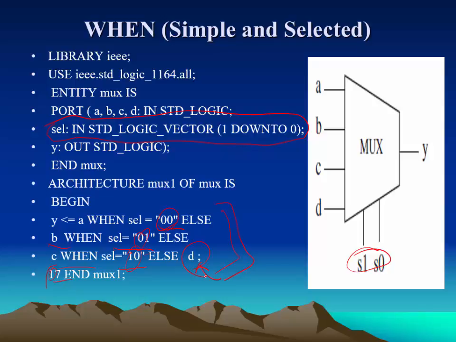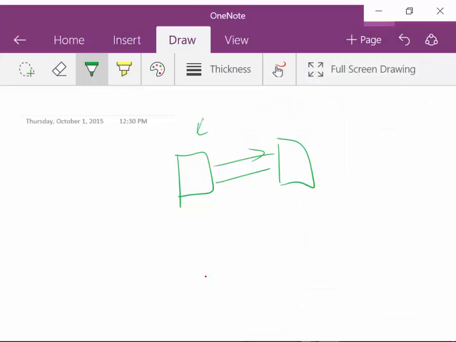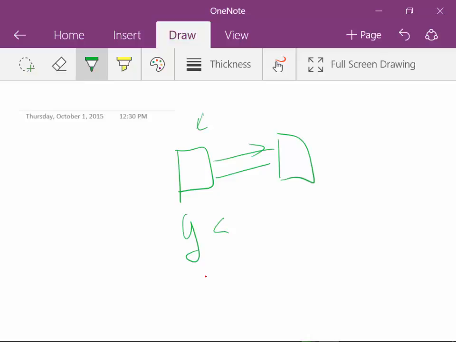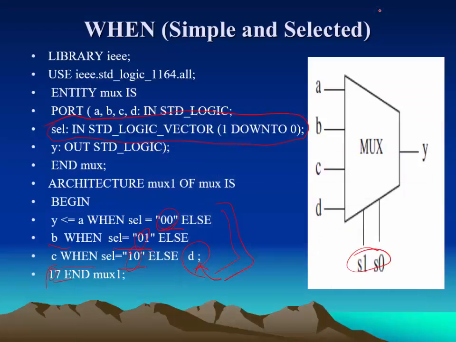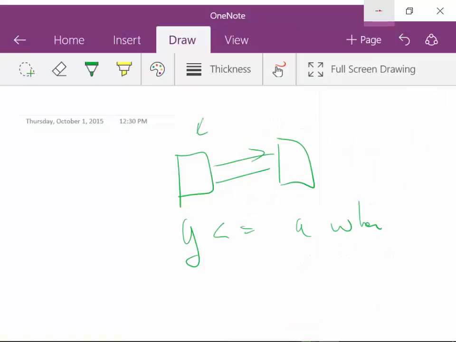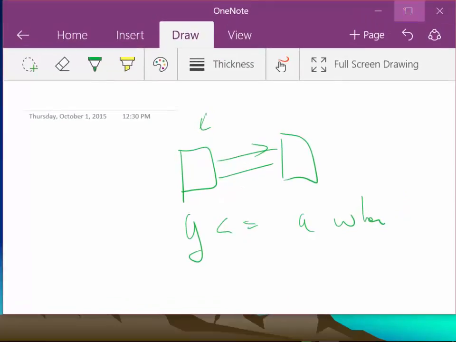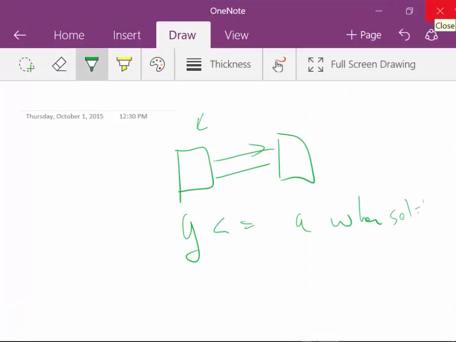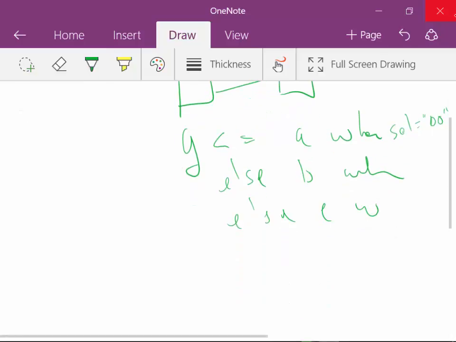If you look at the syntax he used, he didn't break it up. Normally you would write this as Y, A when select equals, else B when, else C when, else D, semicolon.